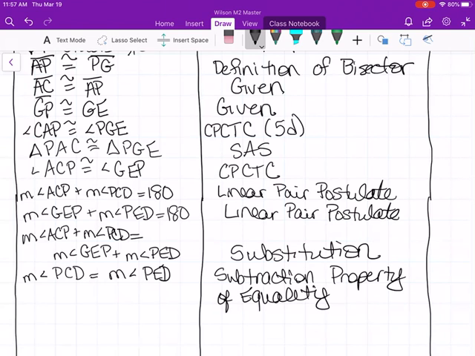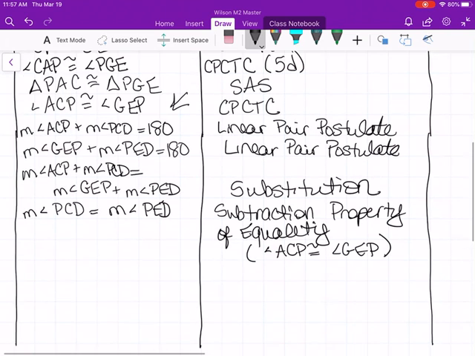And again, that's because angle ACP is congruent to angle CEP. We said that up here. So if I subtract both of those out, I'm subtracting equal amounts out. So we're not quite there yet. It almost says what we want it to say. We don't want it to say the measure of these angles.